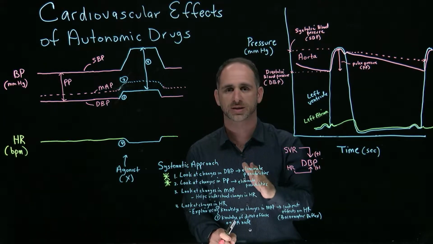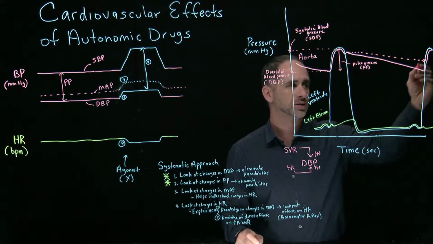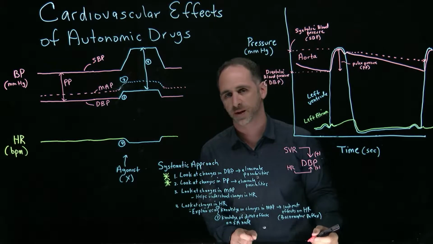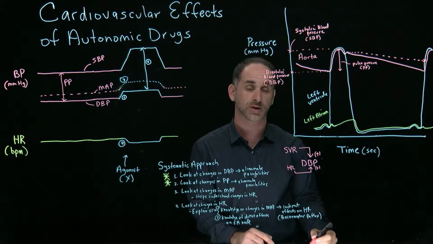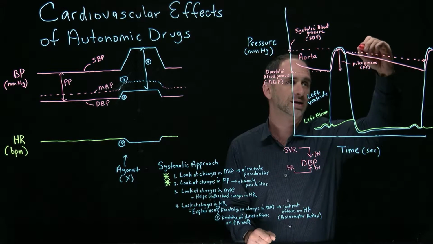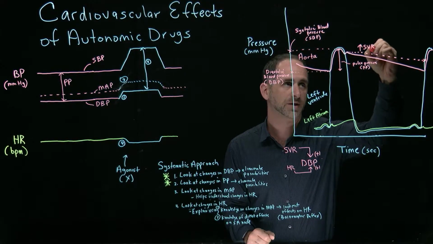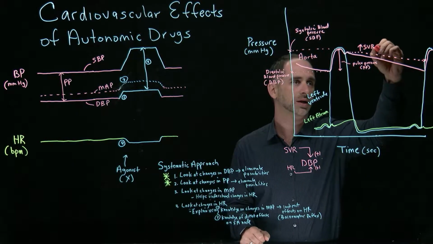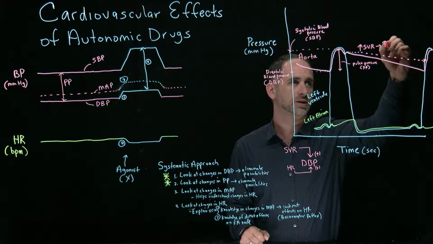I'm changing the systemic vascular resistance, and you can see that the pressure ends up at a higher value, right? Remember, that minimum pressure is the diastolic blood pressure, so in this case, we've increased the diastolic blood pressure, and we've done it by increasing the systemic vascular resistance, okay? So this resulted in an increase in the diastolic blood pressure.